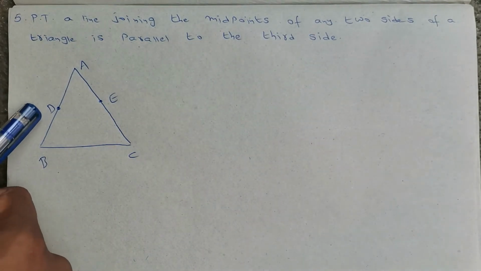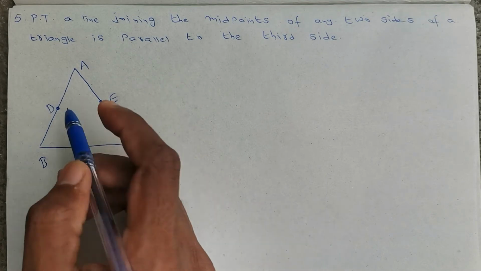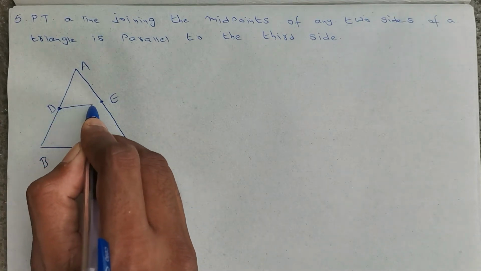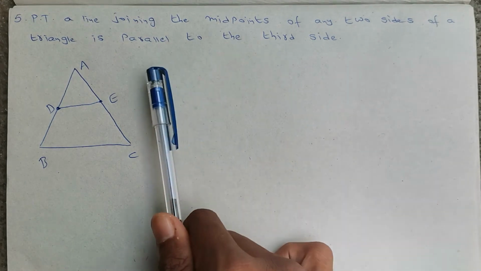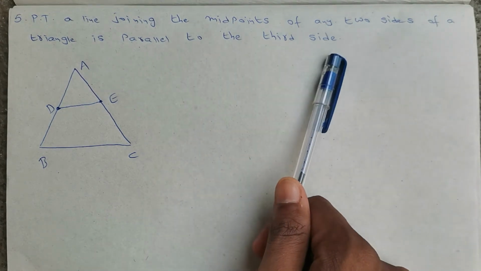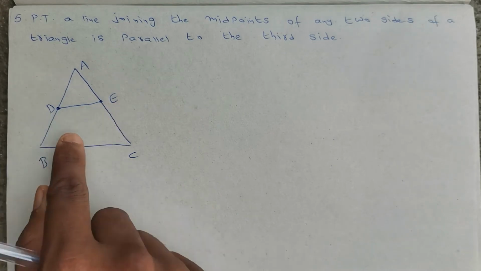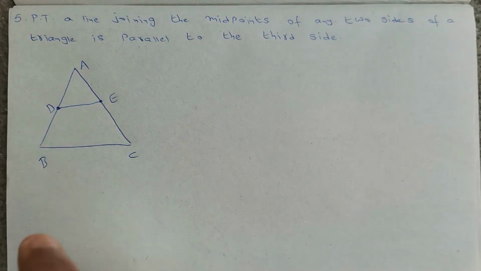One side midpoint is D and second side midpoint is E. We are joining both those. Then we need to show that it is parallel to the third side. We need to show that DE is parallel to BC.